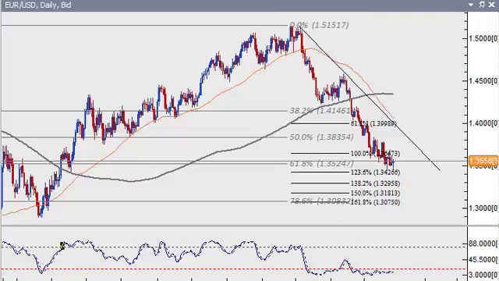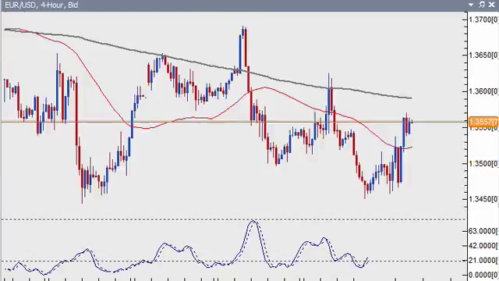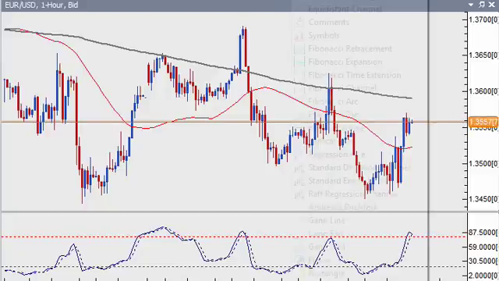So once again, euro dollar is bullish in the near term, and we should be stalking this rally to see if the market will bounce off here and continue a decline at around the 1.3580 area, even to 1.36.